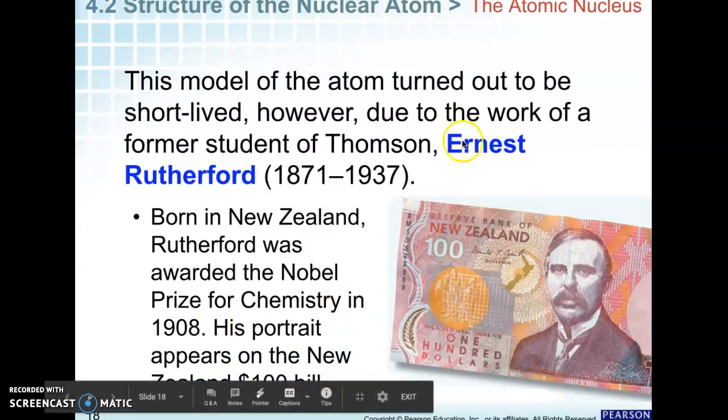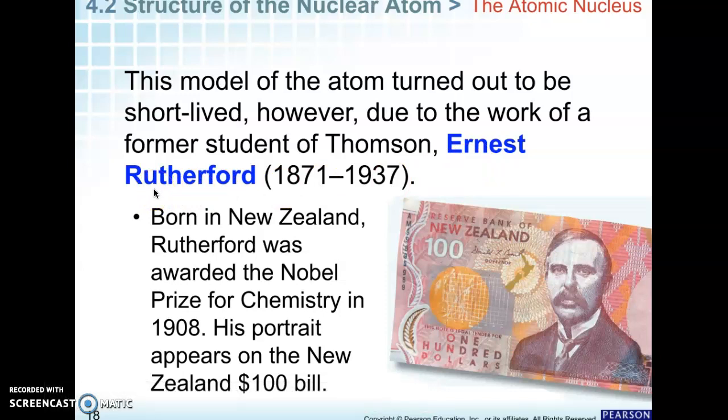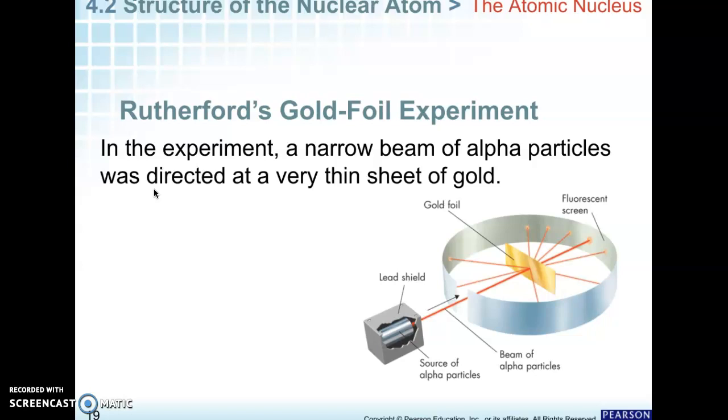So this guy named Ernest Rutherford was trying to set up an experiment to prove that J.J. Thomson's model of the atom was correct. But when he went through this experiment, and you do not need to know the details of the experiment, but it was called the gold foil experiment, where he shot alpha particles at a really thin layer of gold.